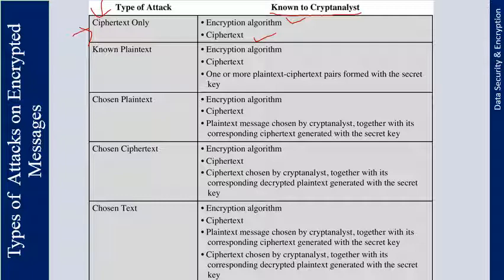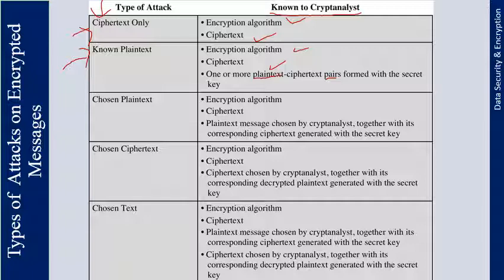So if this information is not available to the cryptanalyst, there will be very little chance to decode such information. Another kind of attack is known as known plaintext. That means the cryptanalyst has the encryption algorithm, the ciphertext, and one or more plaintext-ciphertext pairs formed with the correct secret key.